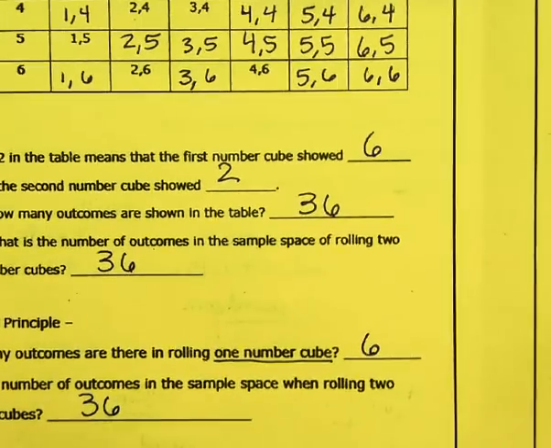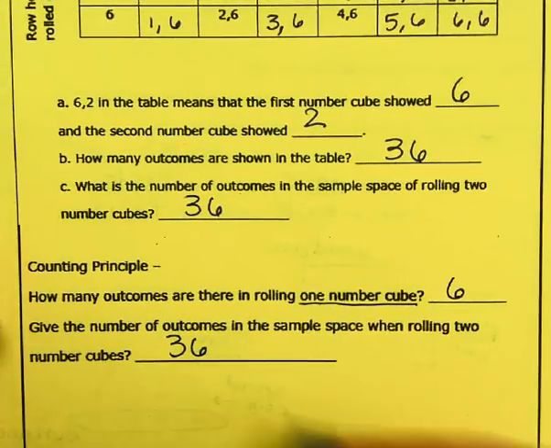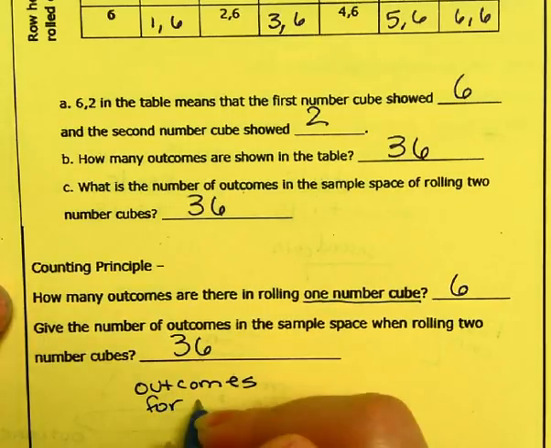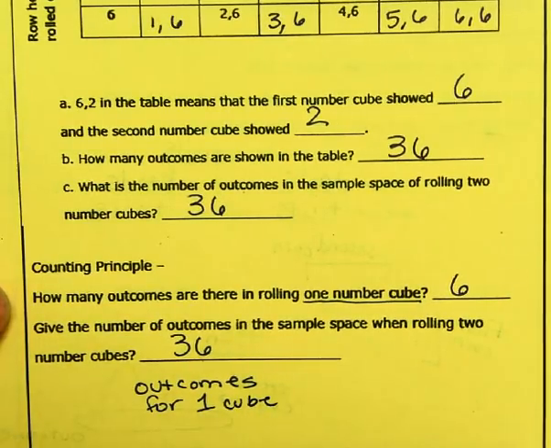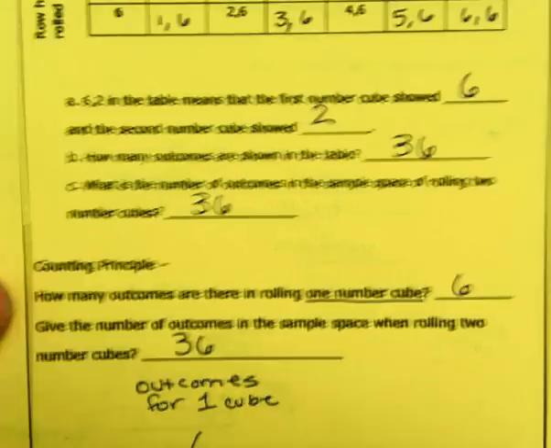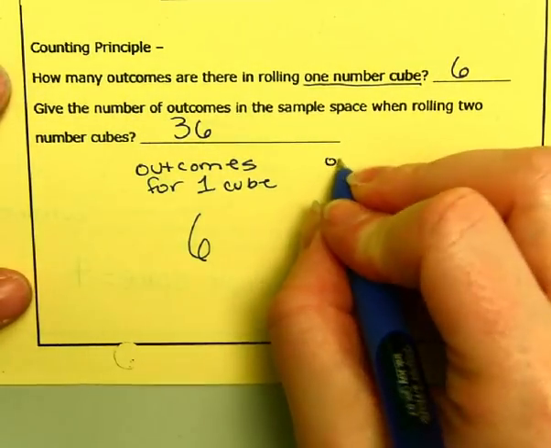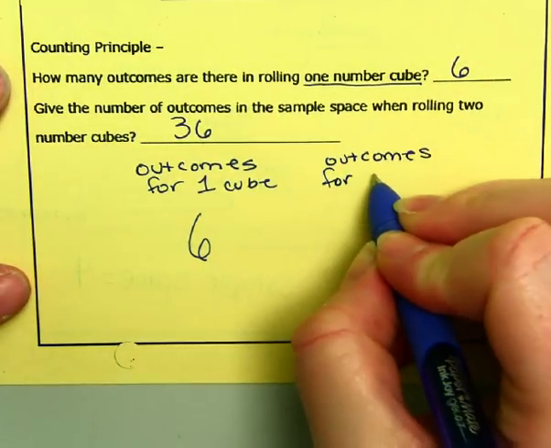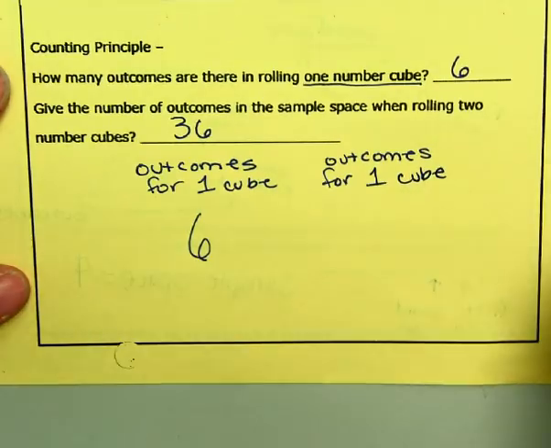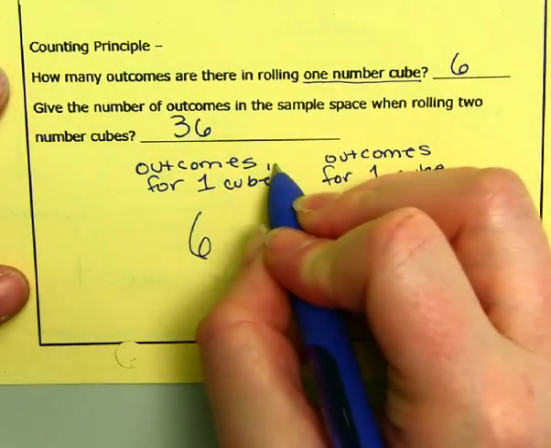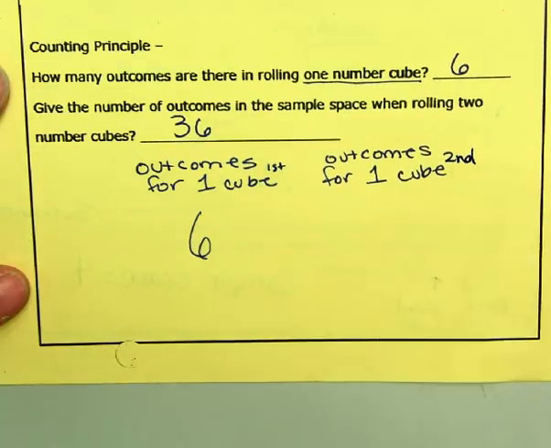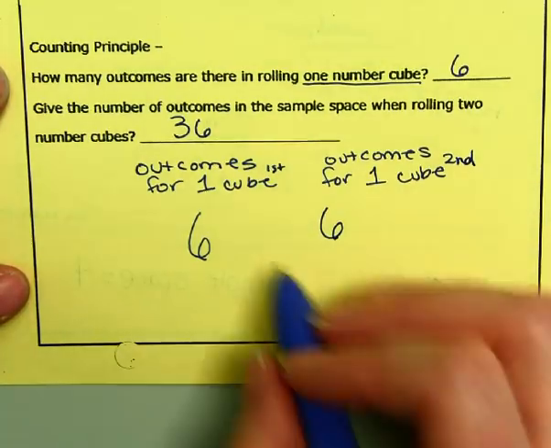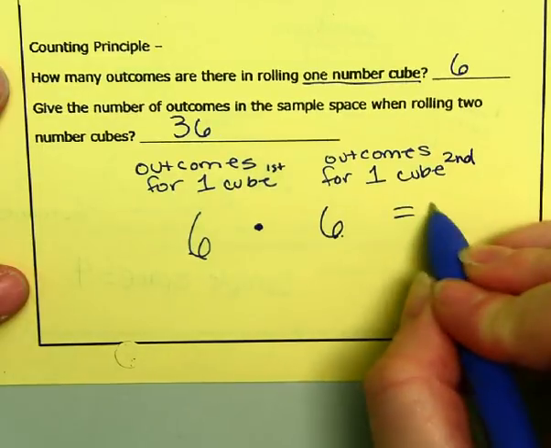But using the counting principle, we could do outcomes for 1 cube, which was 6, times outcomes for the second cube, which is also 6. So to find total outcomes, you could multiply those: 6 times 6, which equals 36.